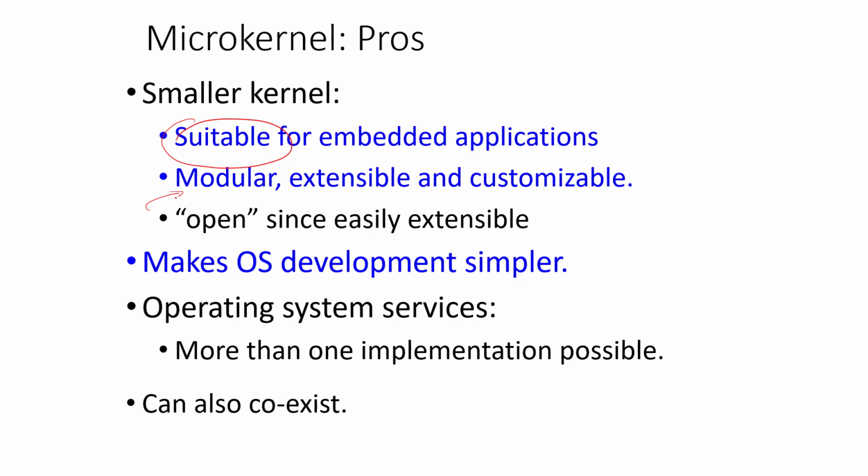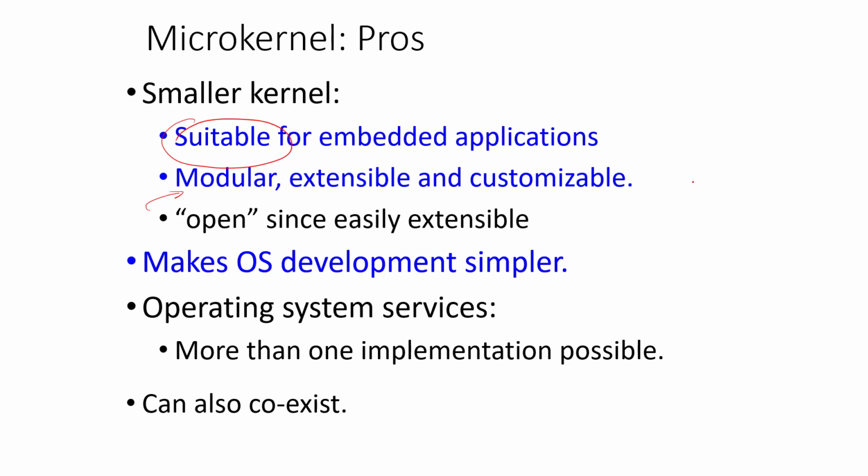Also, it is modular, extensible, and customizable. This again is not something that we would ideally like to do in an embedded environment. This is more for laptops and desktops. But again, in an embedded environment, who knows if we have a lot of sensors and those sensors have specialized interfaces which have not been coded into the kernel, or they have specialized requirements, then again it's a good idea.